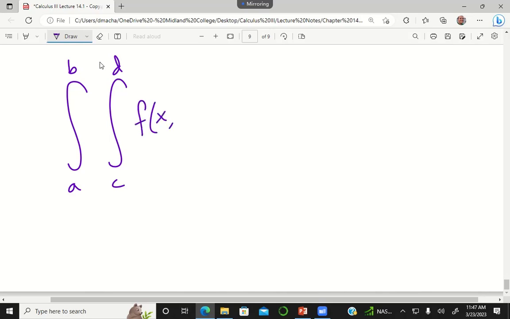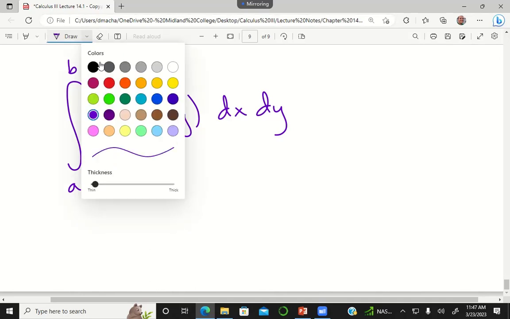If you've got a double integral, normally we've got a function of two variables, x and y, and then you integrate with respect to x, and then you integrate with respect to y. And you have to do it in order like that. And that's generally how things go. But this is important.